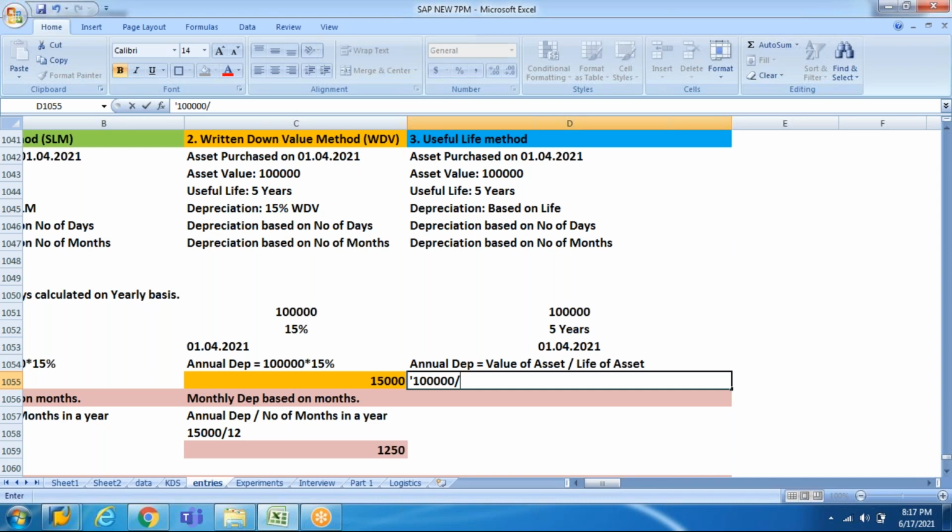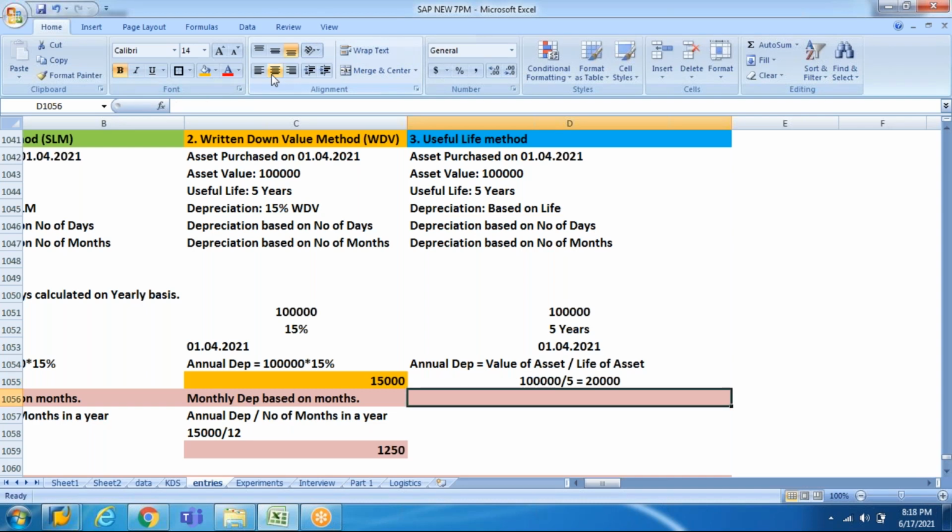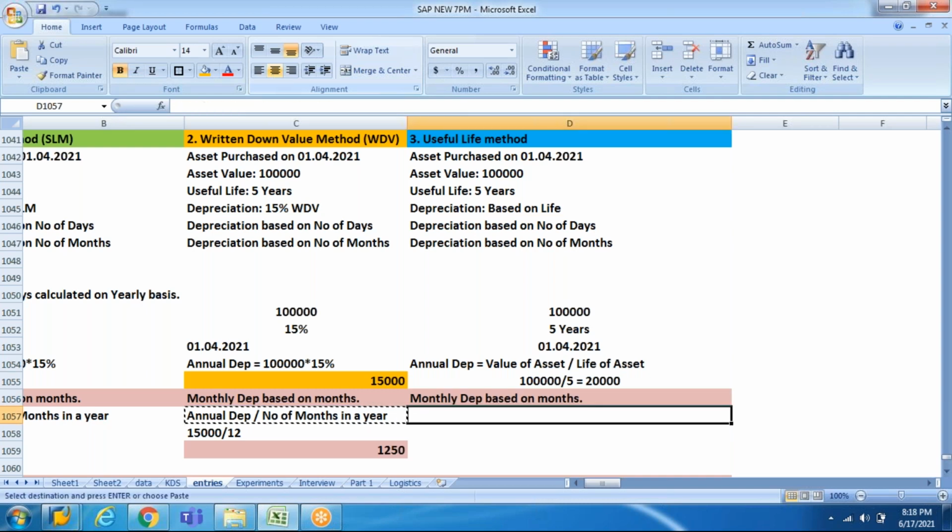So this 1 lakh divided by 5 here, correct? So it will be how much? 20,000. Correct? Yes. So here the same thing, monthly depreciation based on months. Same logic here also.